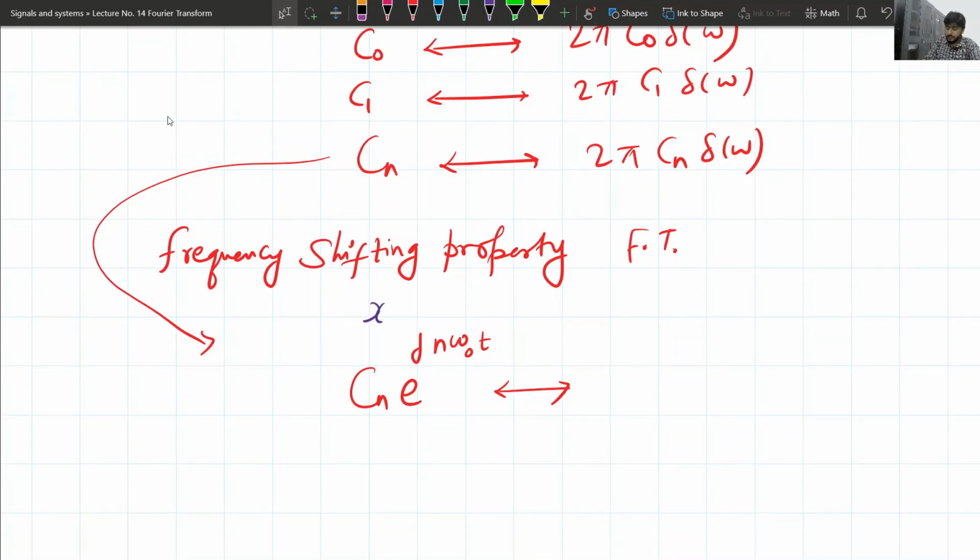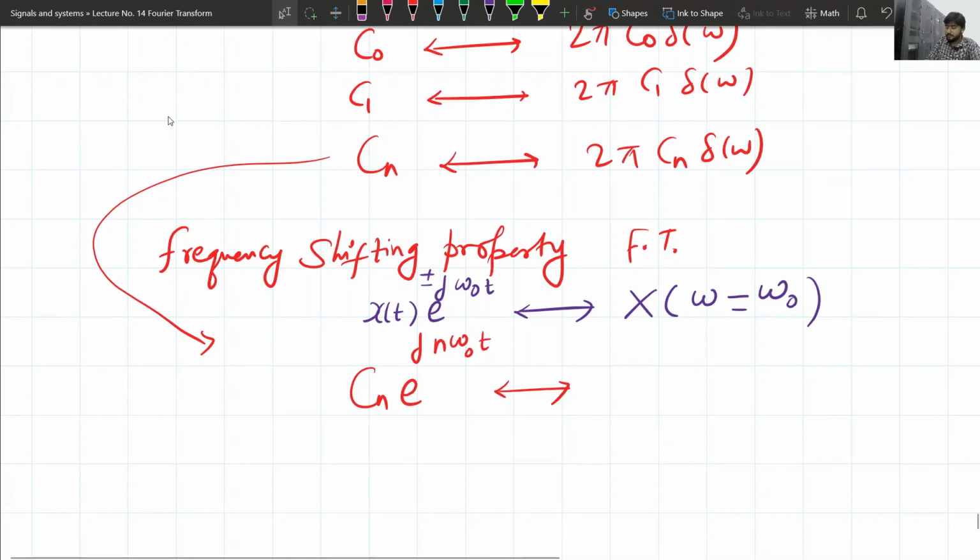Suppose any function xt is multiplied by a complex exponential j omega naught t, then there will be a corresponding shift in the frequency. Suppose this is plus, then the shift will be minus, and suppose this is minus, the shift will be towards the left hand side. This is the frequency shifting property.